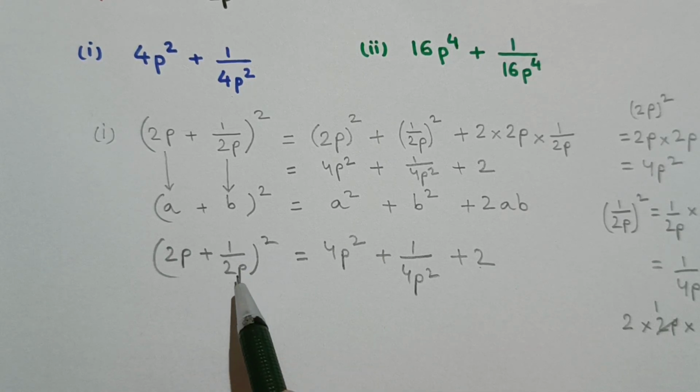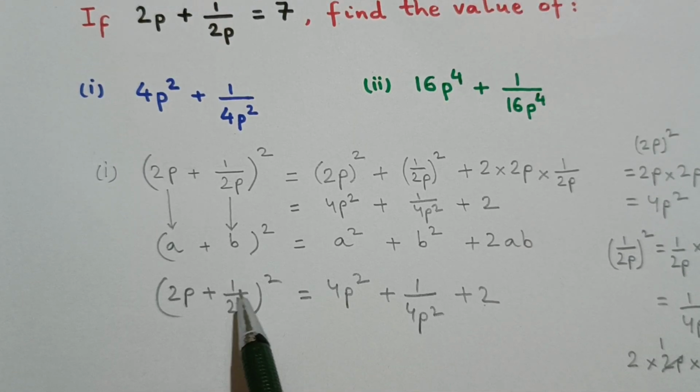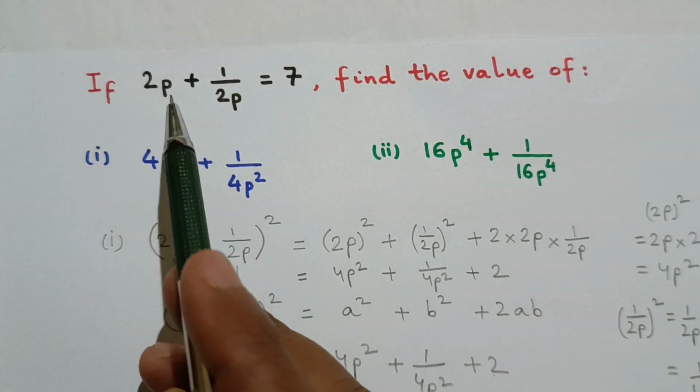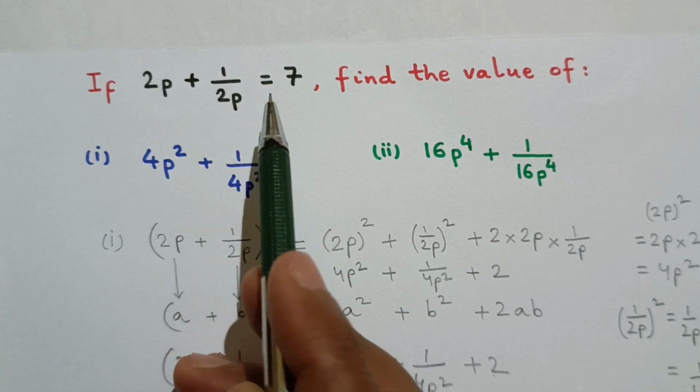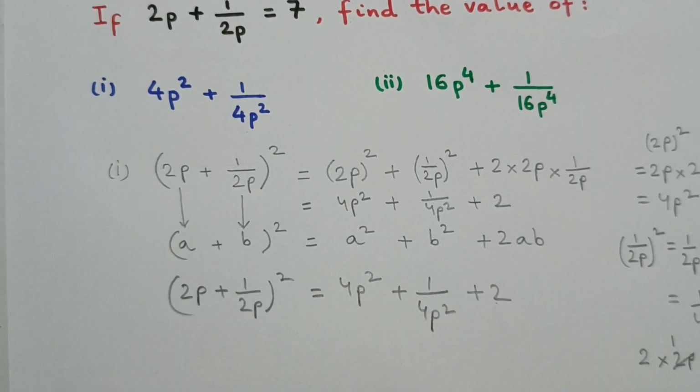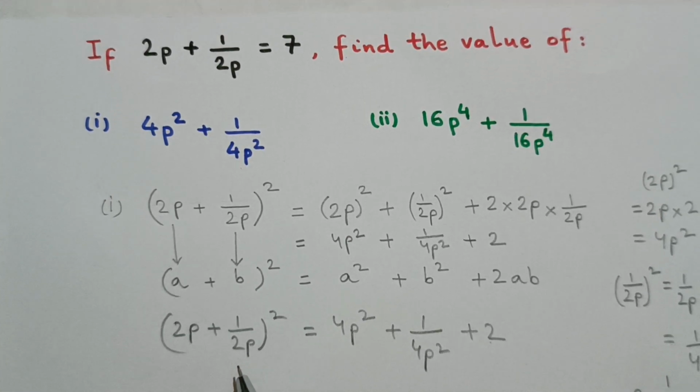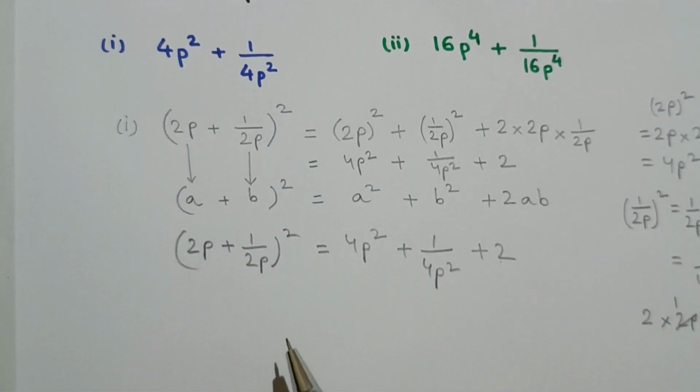Now the value of 2p plus 1 upon 2p is given to us. It is 7. So instead of 2p plus 1 upon 2p, I will write its value, which is 7.